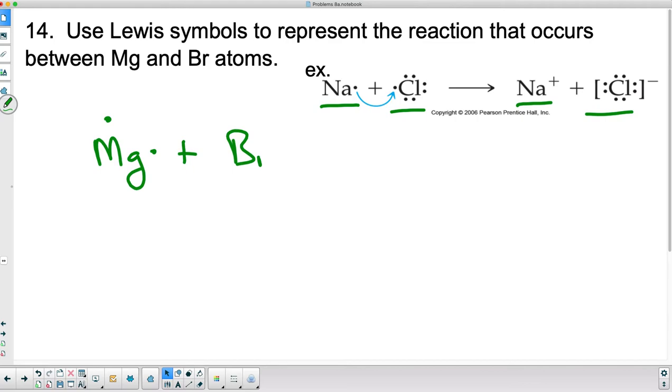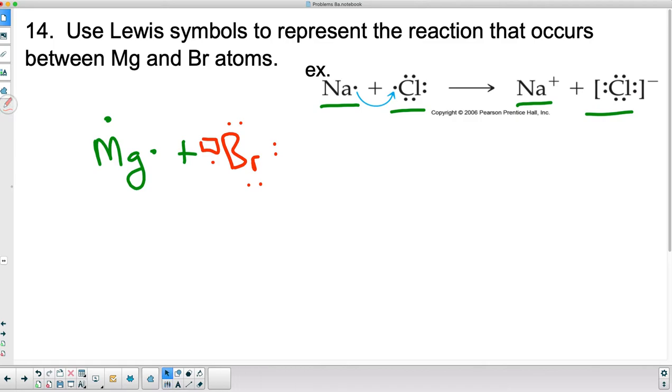Notice for bromine, and I'm going to use a different color here because it makes it easier to see, bromine is in the 7th group right before the noble gases, which means that it has 7 valence electrons, and I have 1 spot here where an electron can go.